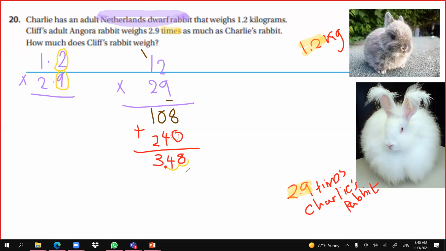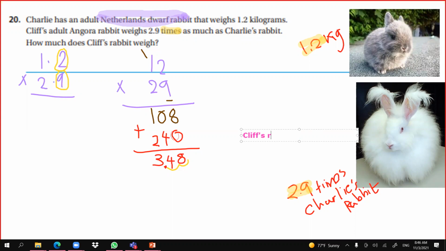So the weight of the Angora rabbit, Cliff's rabbit. Okay, I want to say its type. Cliff is a name.